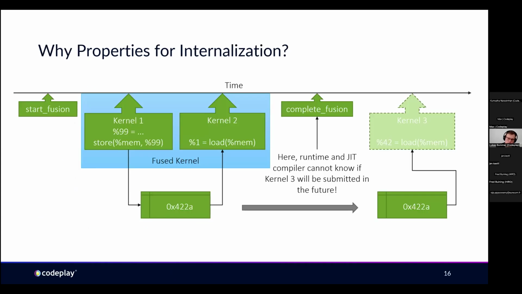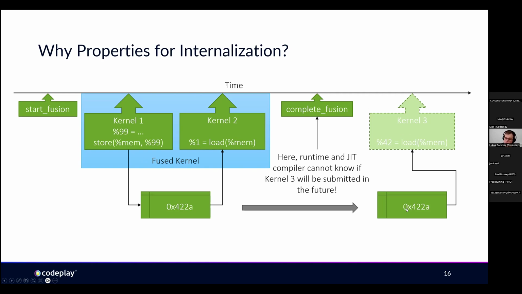Just a quick detour. You might ask now, okay, why can't the compiler figure out when to do this internalization? Well, first, again, with only static information, all the aliasing that could be going on in C++, it's hard to figure out when it's actually work item or work group exclusive access, but this could still be done. But what the compiler cannot do is reason about the future. So if you look at this timeline here, we call start fusion, we submit two kernels, that kernel will store to some memory, and the next one will load from some memory. But if we now internalize this memory, the results wouldn't be stored anymore.